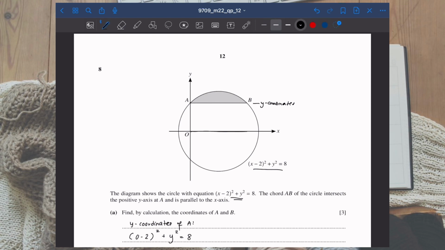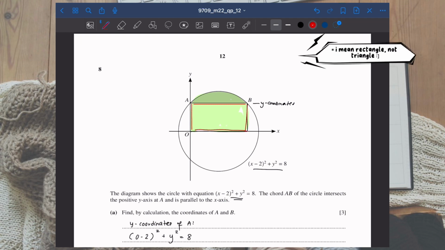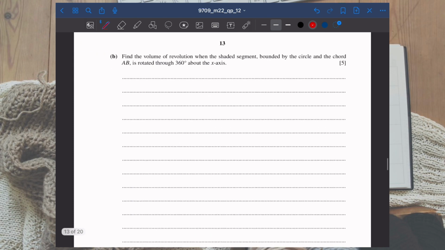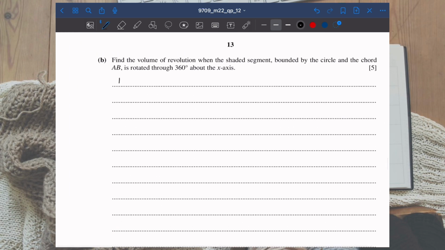What we can do is find the volume of revolution for this part of the circle, and then subtract the volume of revolution of this rectangle. So first, we're going to find the volume of revolution for the circle.